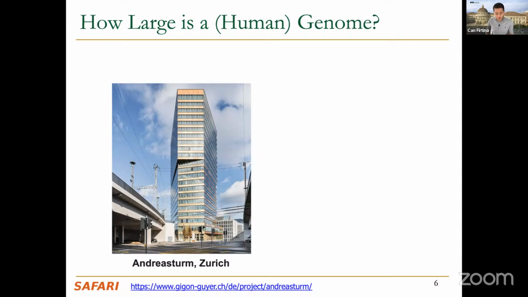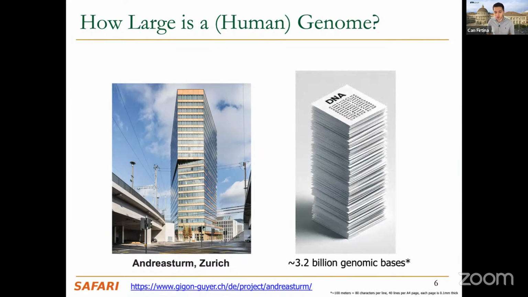If you were to take every base in your genome for only one pair of the chromosomes, and type every letter in all the chromosomes, starting from the very first chromosome to the very last one, and write them on A4 paper, and then you stack all these papers up together, what you would get would be a stack of papers as high as this particular tower.